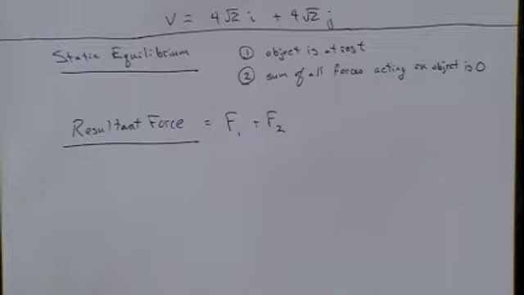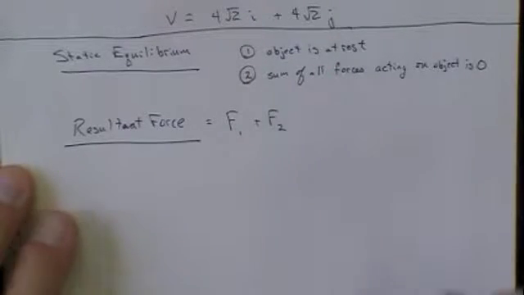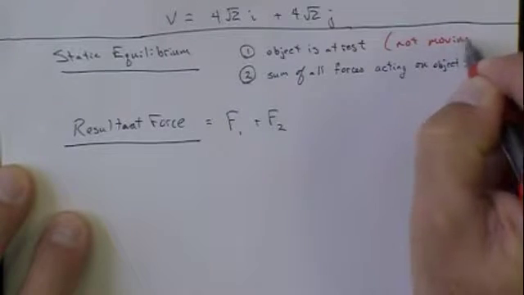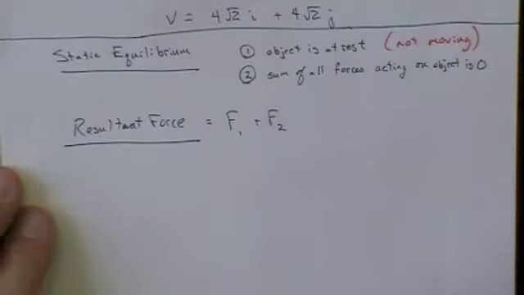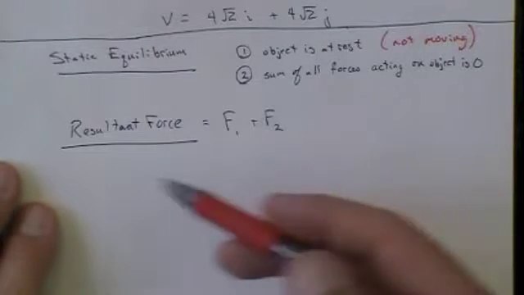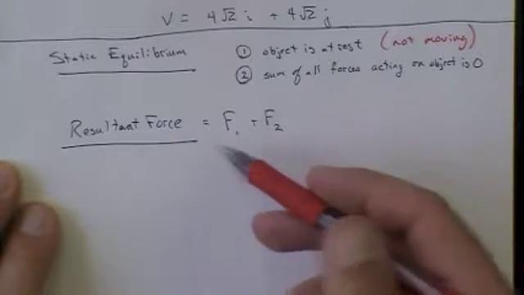Some vocabulary for this section: we have static equilibrium, which means an object is at rest, it's not moving. And so what that means is that the sum of all the forces acting on the object is equal to 0, and that's what we'll use to set this up. And then also resultant force, we could think of these as vectors.